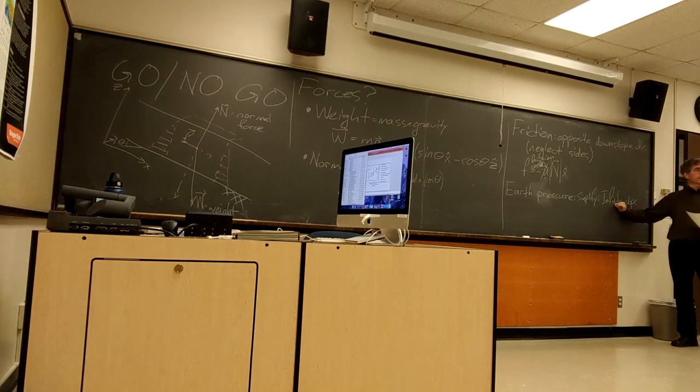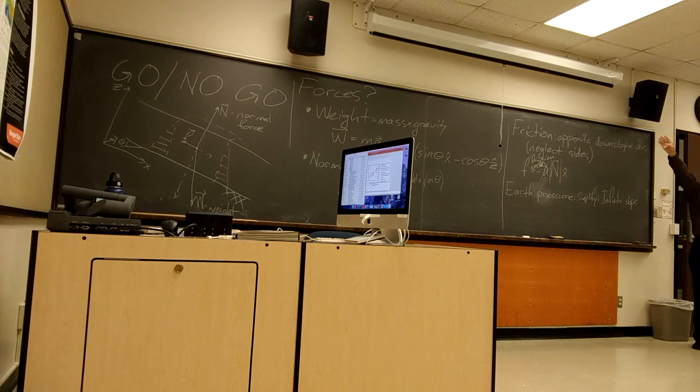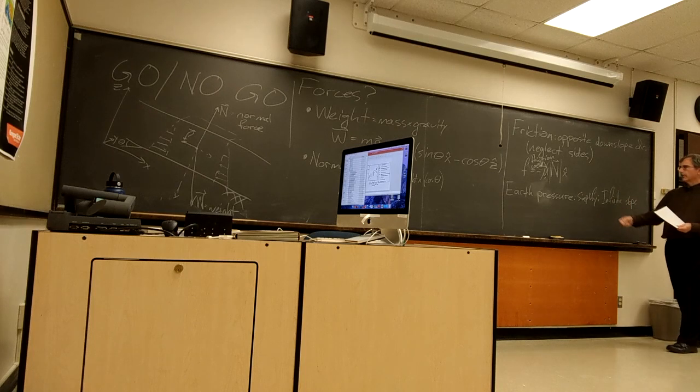So we're going to say that the slope is the same upslope, the same downslope, for as far as it matters, so that the earth pressures cancel.